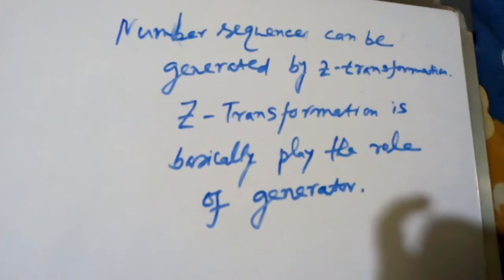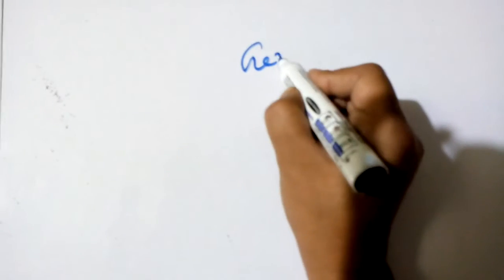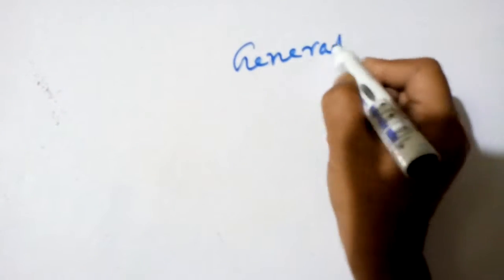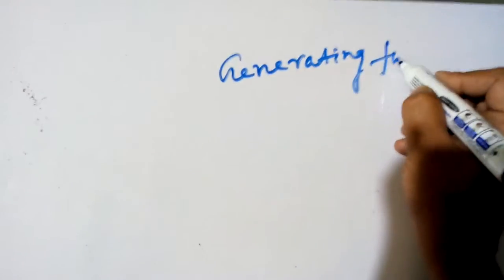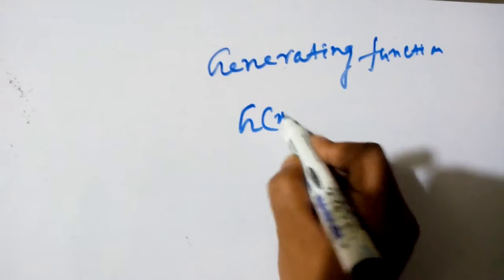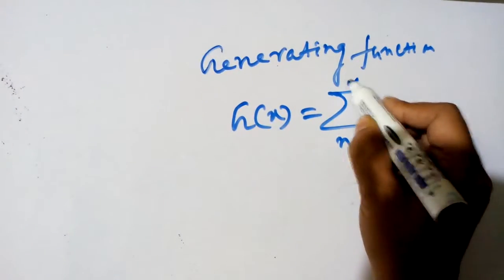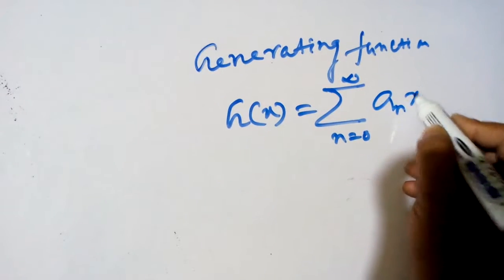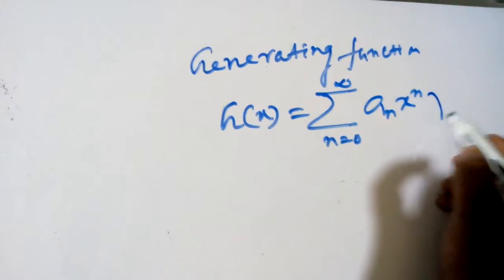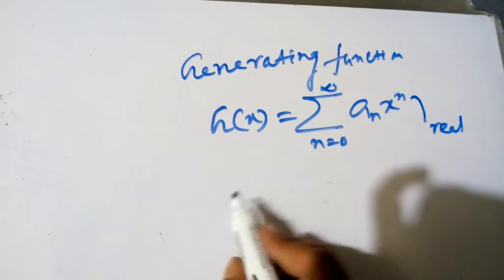So what is a generating function? The generating function is denoted by g(x), and it looks like the sum from n equal to 0 to infinity of a_n x^n, where n is any real number.